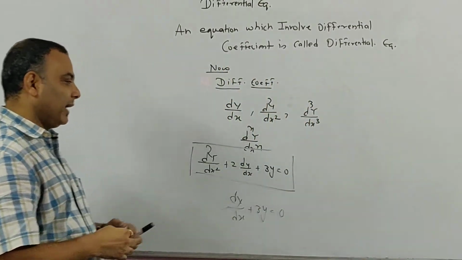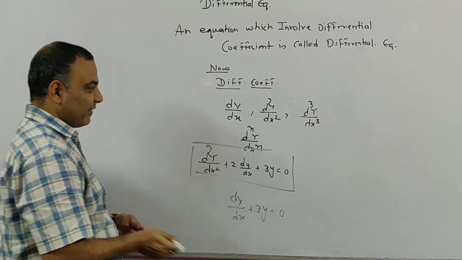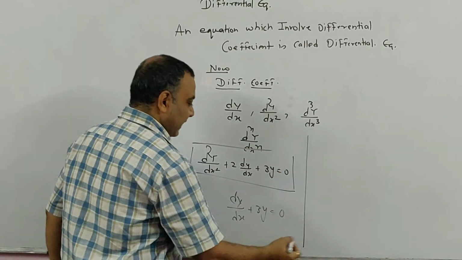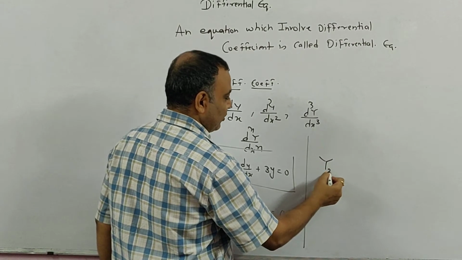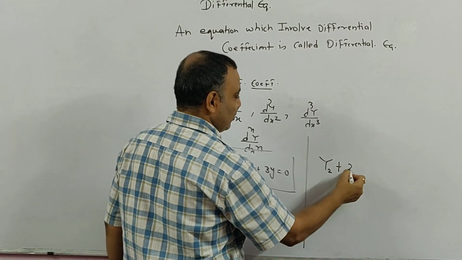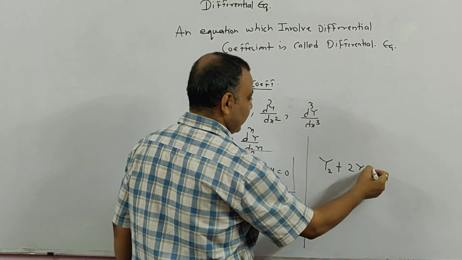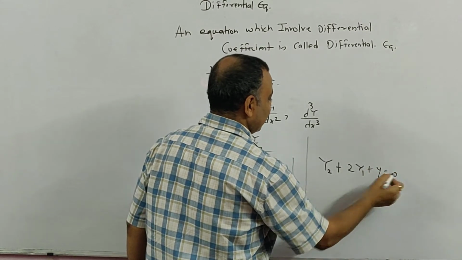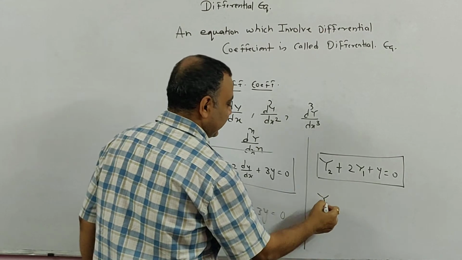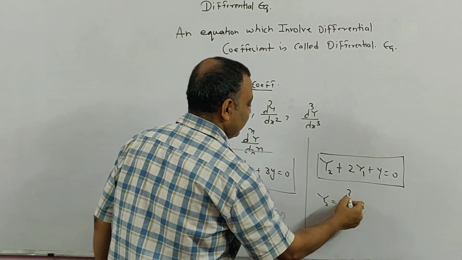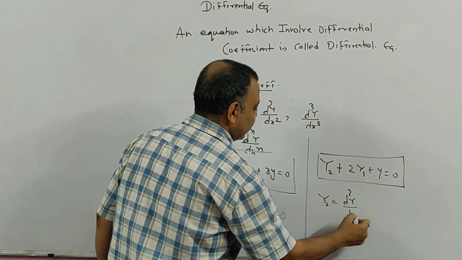Another important thing: we can write this equation in another way, like y2 plus 2 times y1 plus y is equal to 0. Here y2 is treated as d square y over dx square.